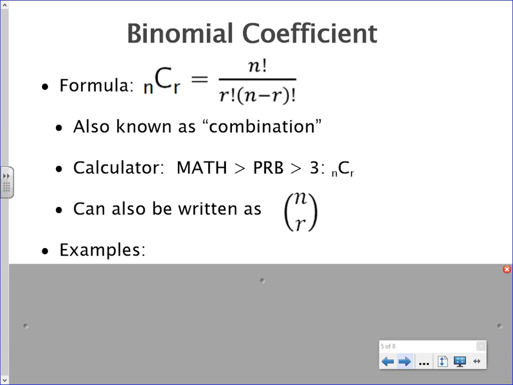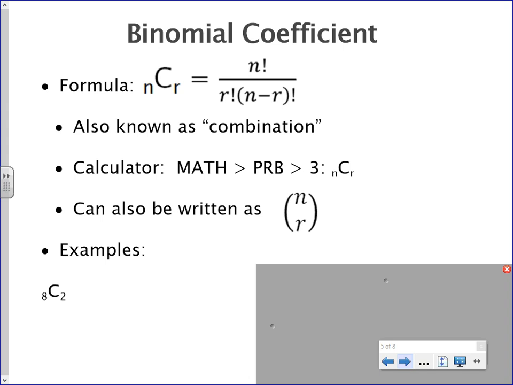Okay, so let's just make sure our calculators work. Get them out. Make sure that you can find 8 combinations of 2.